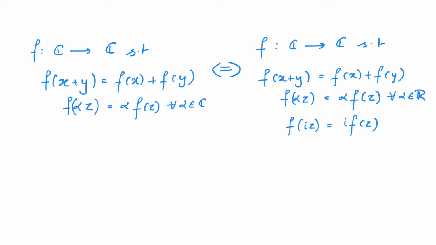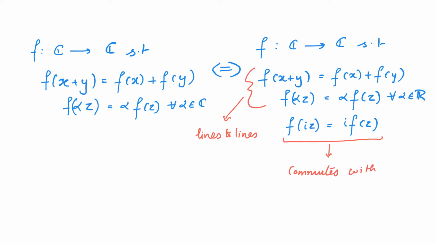Now notice that the first two conditions meant that the function takes lines to lines. On the other hand, this condition says that this function commutes with rotation by 90 degrees.